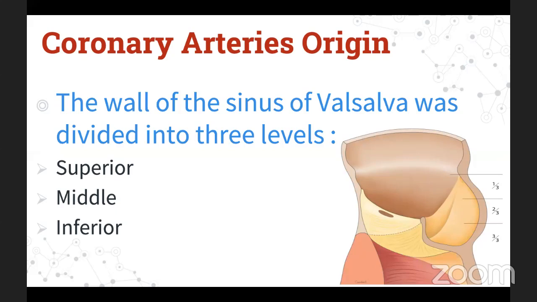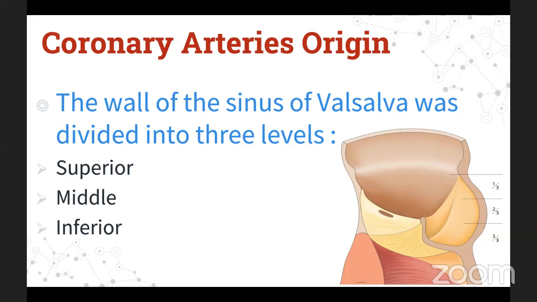If we look at the aortic valve from the lateral view, we can divide the wall of the sinus of Valsalva into superior, middle, and inferior thirds. The superior level is beyond the sinotubular junction, and the inferior third includes the base of the aortic root, while the middle is the part positioned between them.